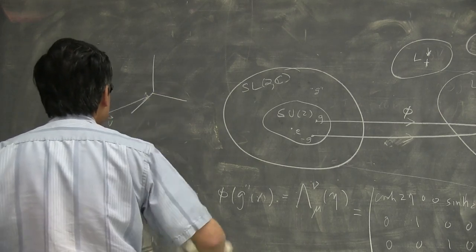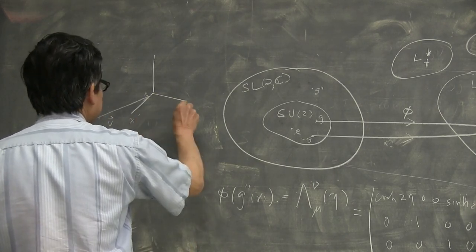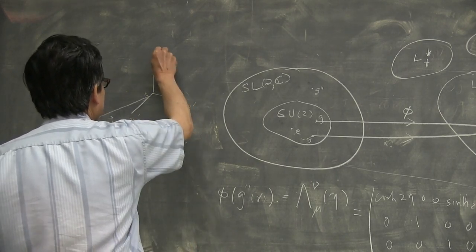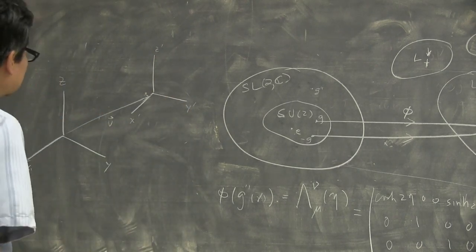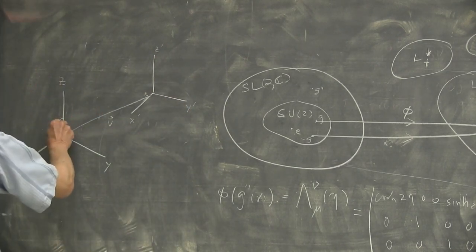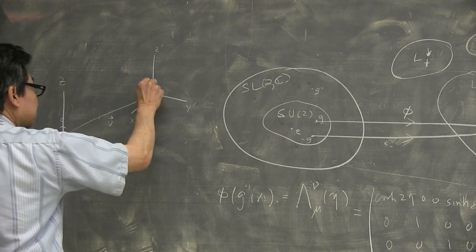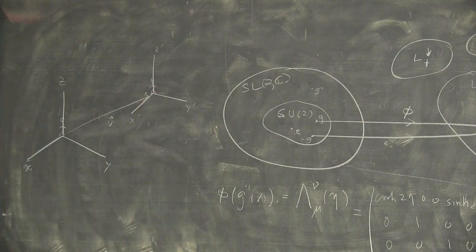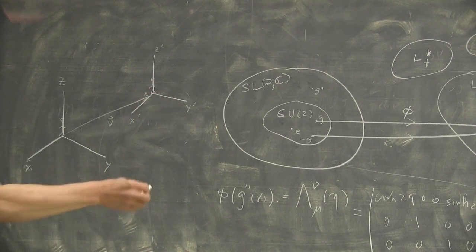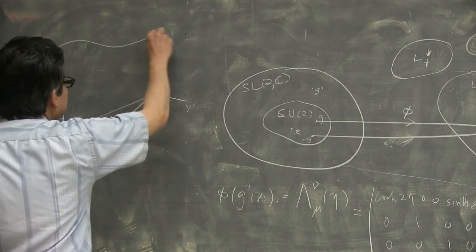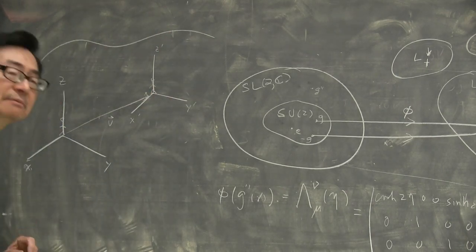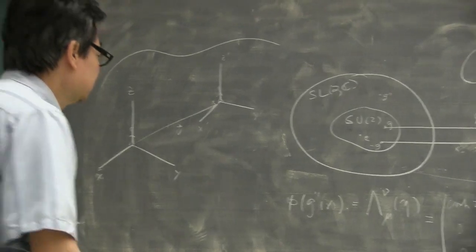And so the coordinates here would be x prime, y prime, z prime. So let's say there's an observer at rest with respect to the other frame, and both of them observe some physical event, okay?